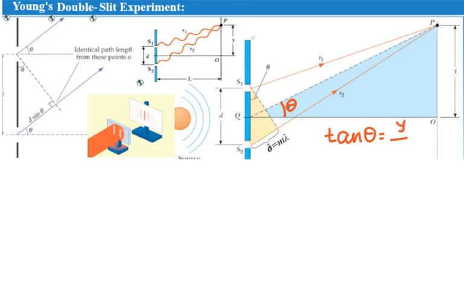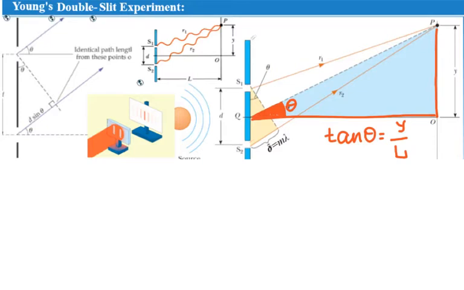So I'm gonna call it L. So that is the distance from here to here, that is L. And because this angle theta is very tiny, it's a very small angle, and because this distance can be maybe a few millimeters, and this distance can be a meter, so this angle is very small.